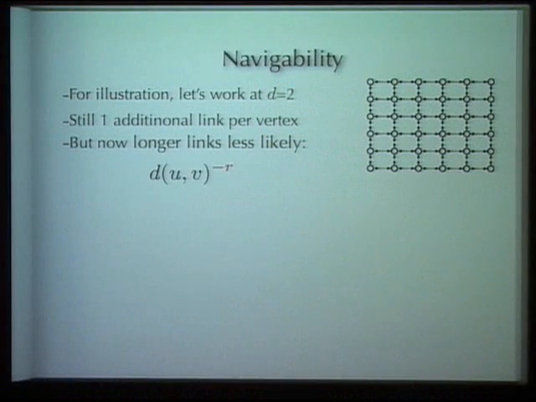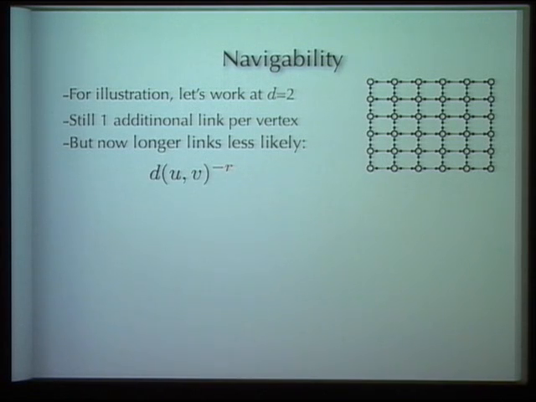So this is some very nice work that John did on navigating small world graphs. He said, again, let's take a lattice exactly like before. This time, it's a bit easier to illustrate in 2 dimensions. We're still going to add one additional link per vertex, except that this time the destination of the link is not going to be uniformly random. The probability that I have a long link is going to be smaller than the probability that I have a short link.